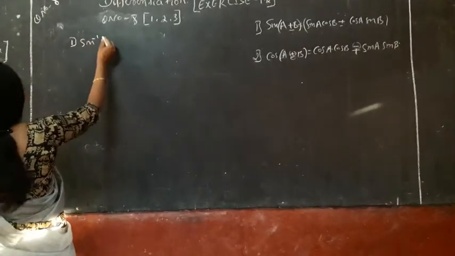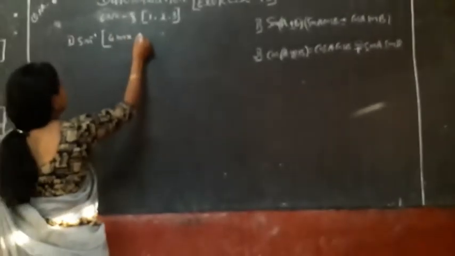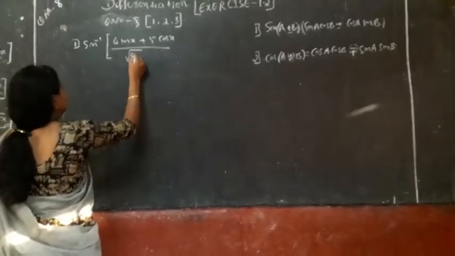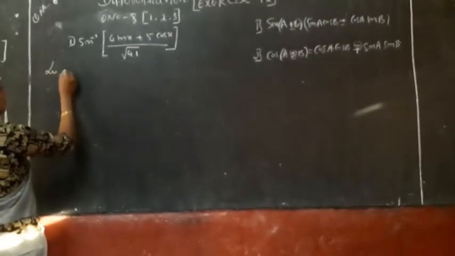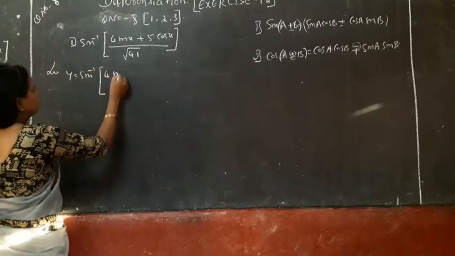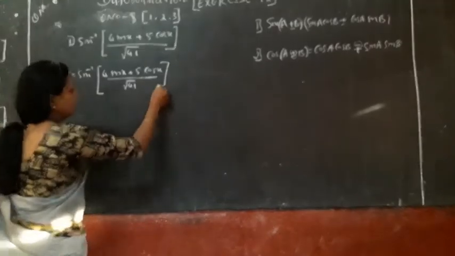First one, sin inverse of (4 sin x plus 5 cos x) divided by square root of 41. Okay, let us define the function first. y equal to sin inverse of (4 sin x plus 5 cos x) divided by square root of 41.